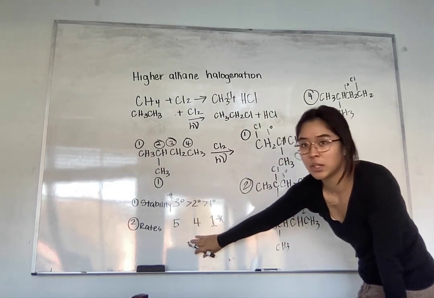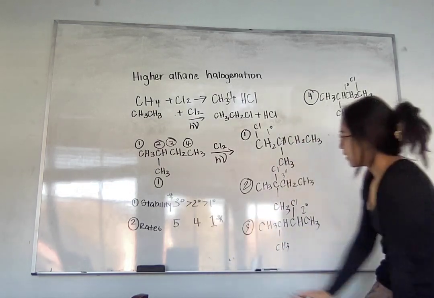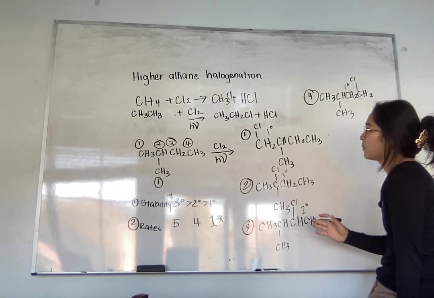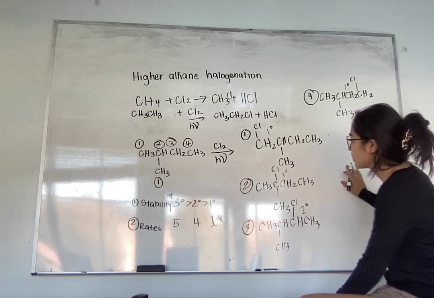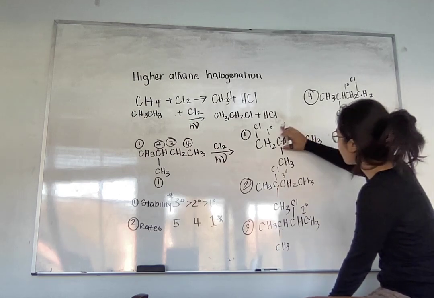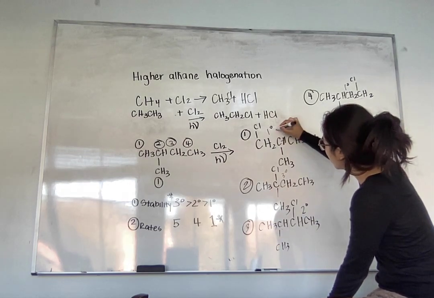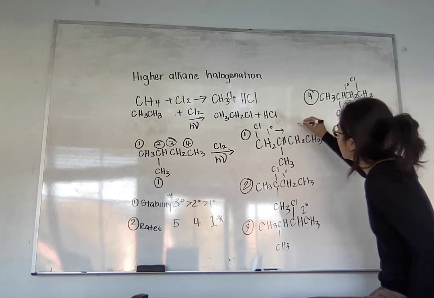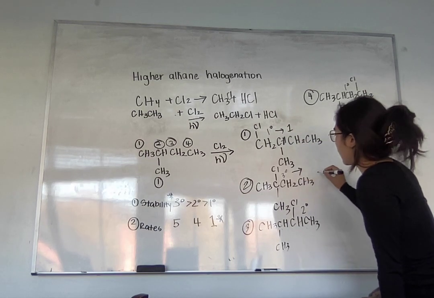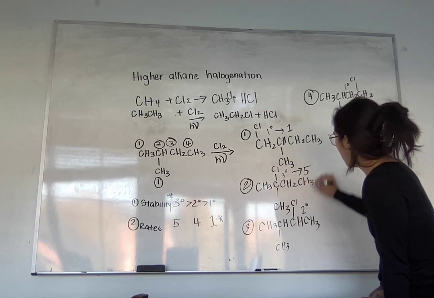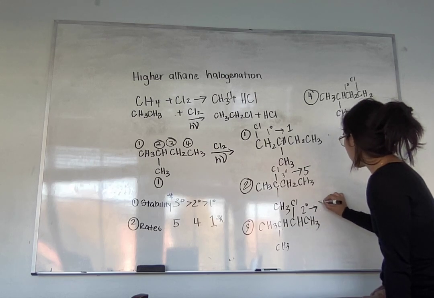So next we're going to use our rates, because these are the two factors that we need to take into account when we're making our alkyl halide. So we need to look at rates. Primary has a rate of 1, tertiary has a rate of 5, and my secondary has a rate of 4.